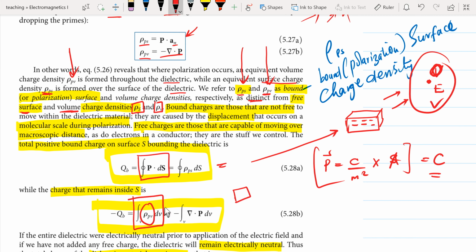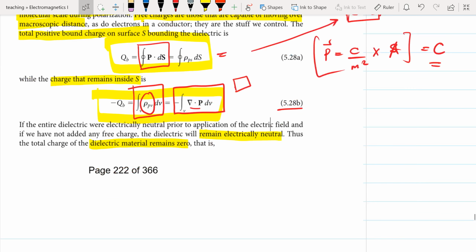So if you apply the concept of divergence, which we have made before, we are able to define the bound volume charge to be equivalent to the volume integral of divergence of P, as defined in equation 5.28b.